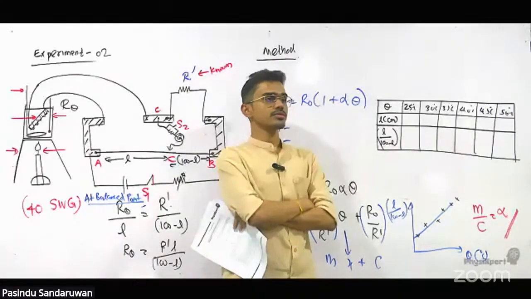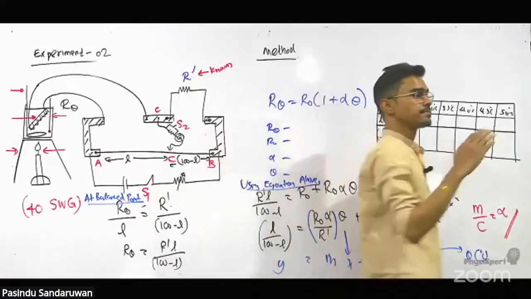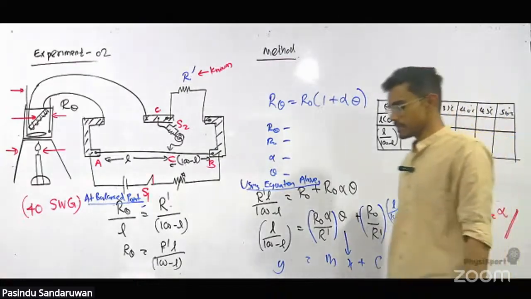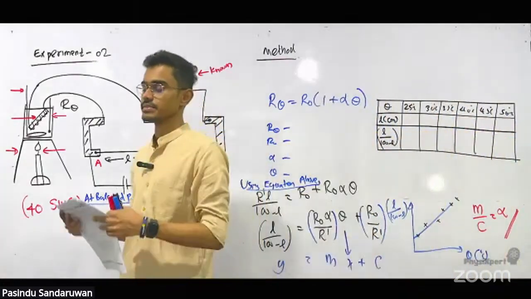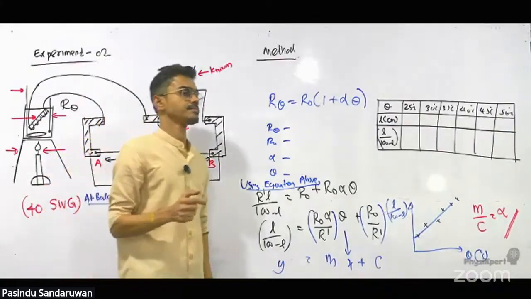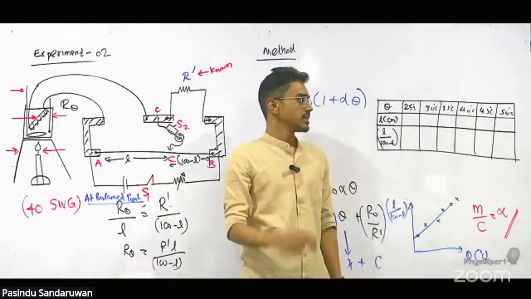Check whether it passes through zero from one side to the other. Next point.